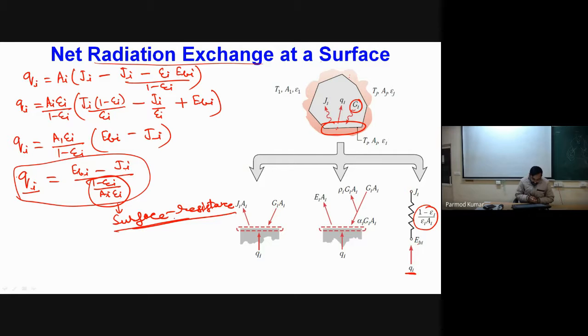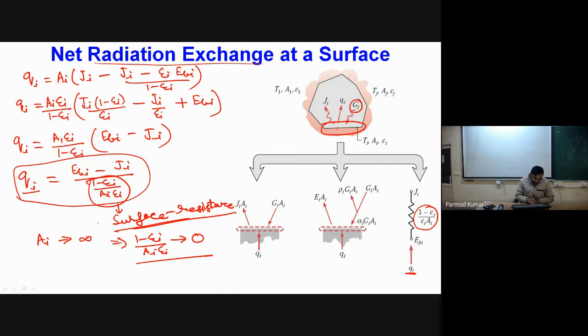Now in surface resistance, we can see from here the formula of resistance. If our AI becomes infinite, under that scenario, this ratio of 1 minus epsilon I upon AI into epsilon I will be tending to 0. So it means if the surface resistance is becoming equal to 0, under that scenario, I will not be having any reflection, because all the radiations which are actually irradiations which are incident on the surface, these all will be absorbed.